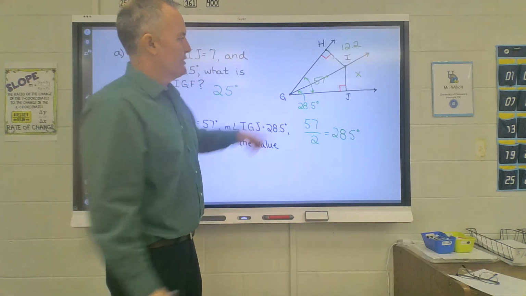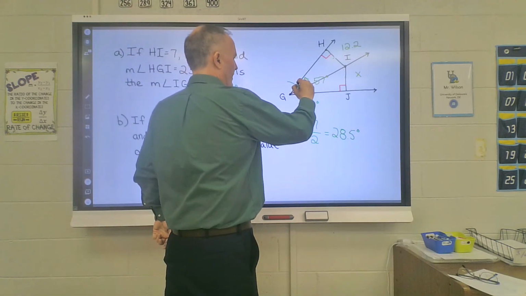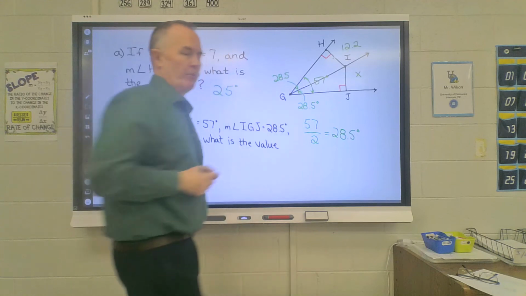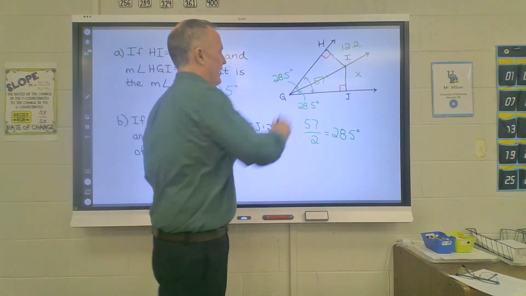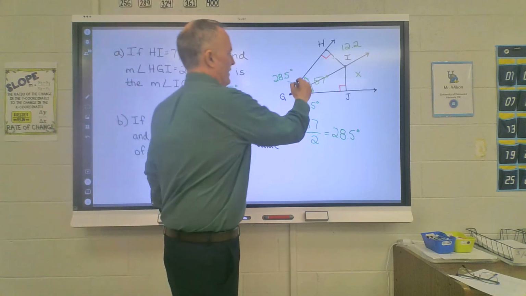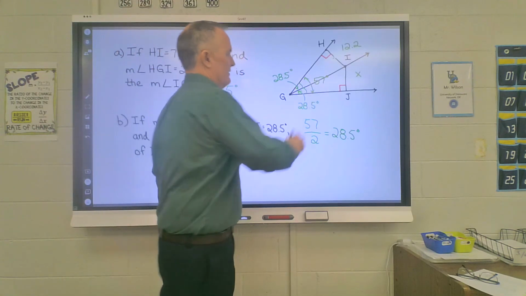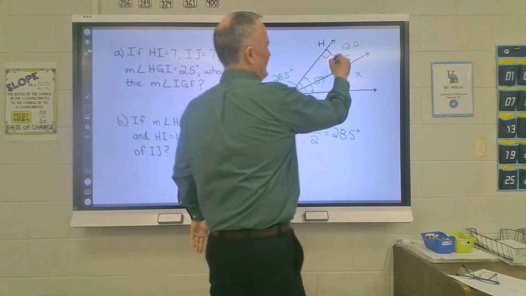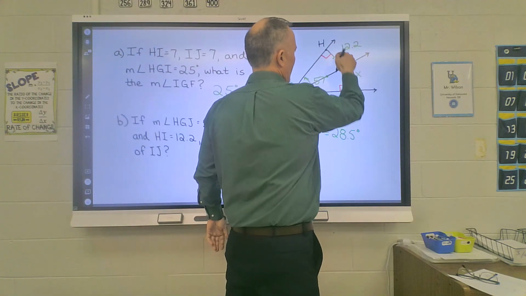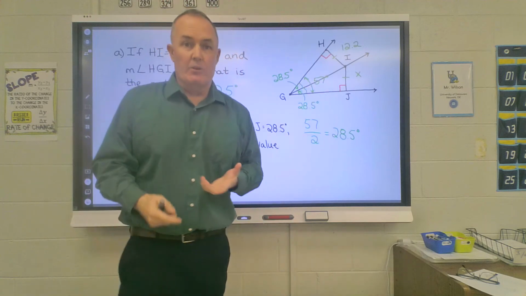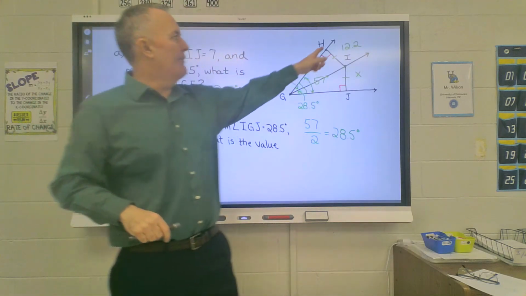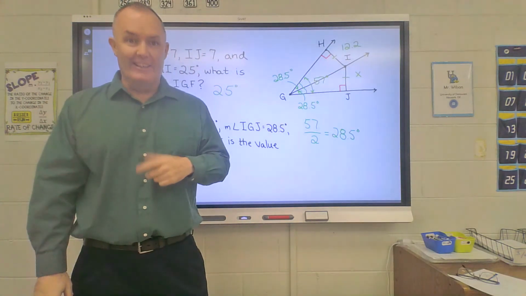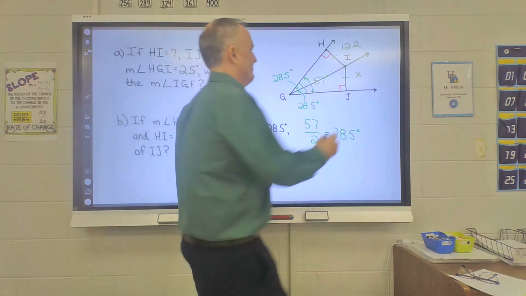So that means that measure is 28.5, and that measure is also 28.5 degrees. Since they're congruent, it's an angle bisector. And since that's an angle bisector, these two segments out here are also going to be equidistant or congruent. So that's 12.2. What do you think x is? That's right, it's also 12.2.